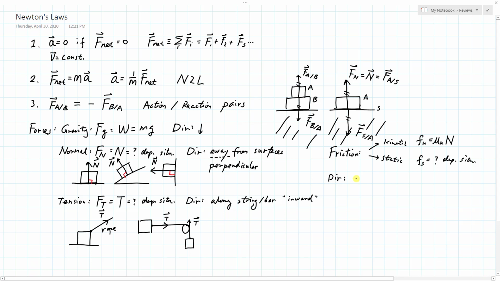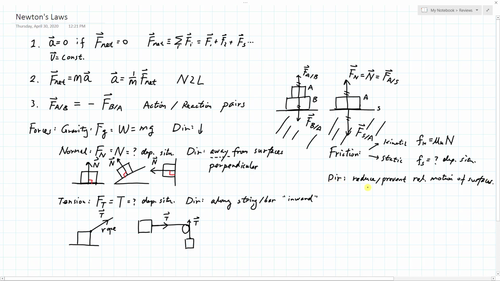So reduce, or prevent, relative motion of surfaces.